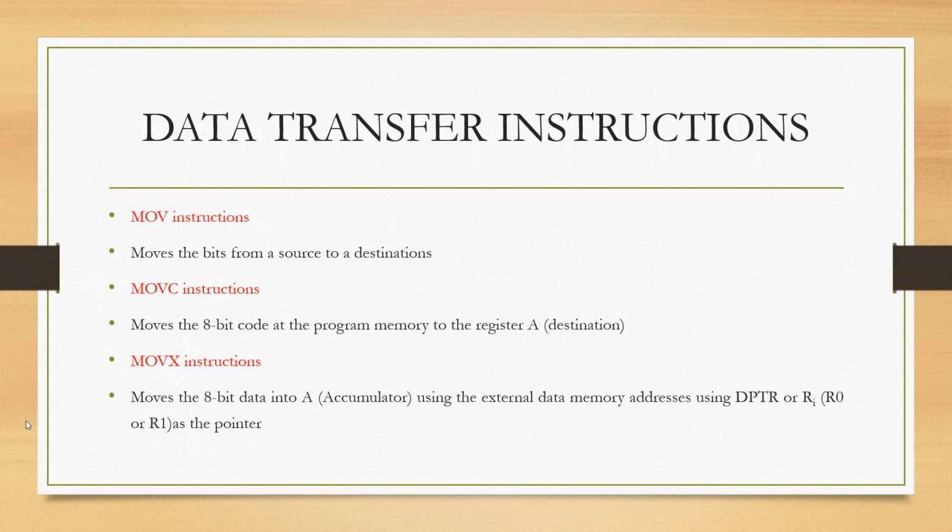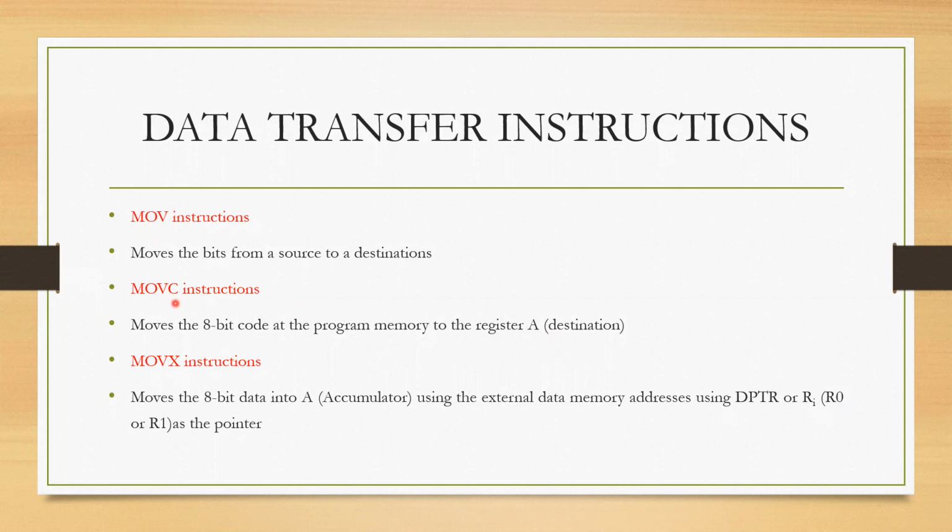Next is the MOVC instruction. The MOVC instruction moves an 8-bit code from the program memory to register A. The accumulator register is the destination register. So we are moving from the code memory, using the opcode MOVC.